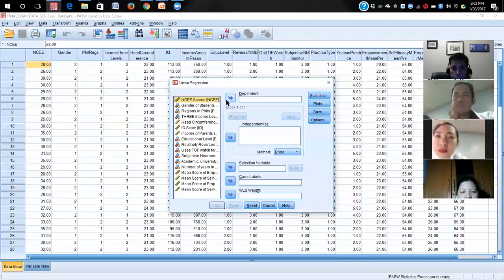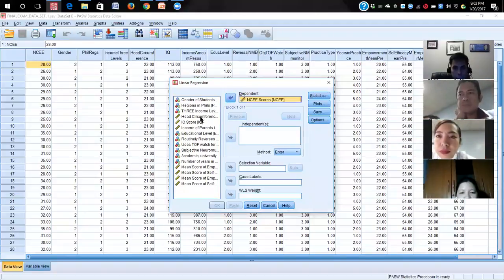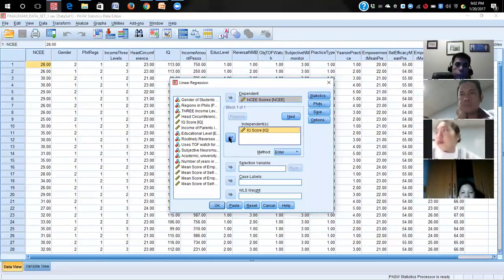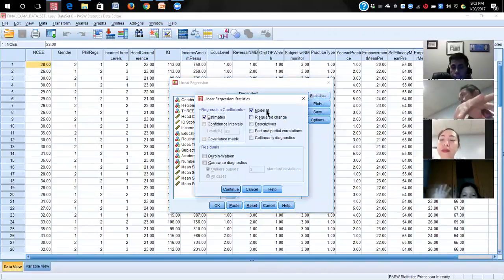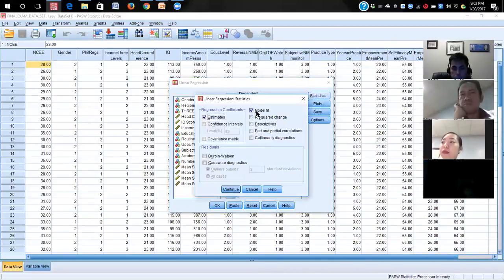And then we put our NCEE score as the dependent variable, and our predictive variable, or our independent variable, is the IQ. And then here in statistics, this is the default, but we're going to need descriptives, and we're going to add confidence interval to that.